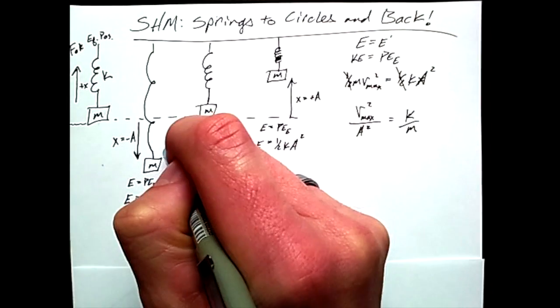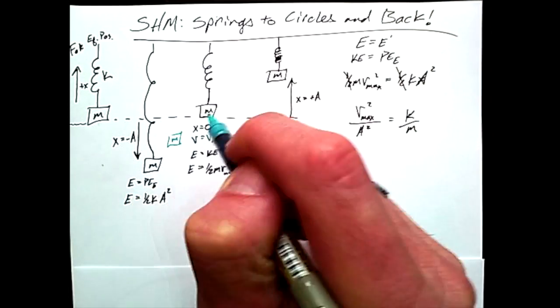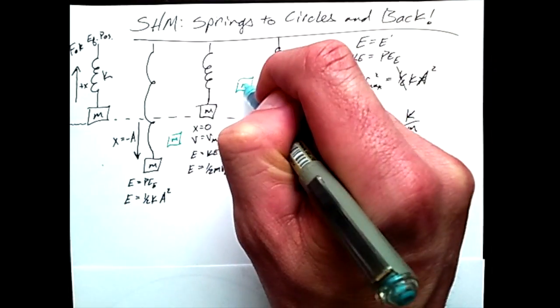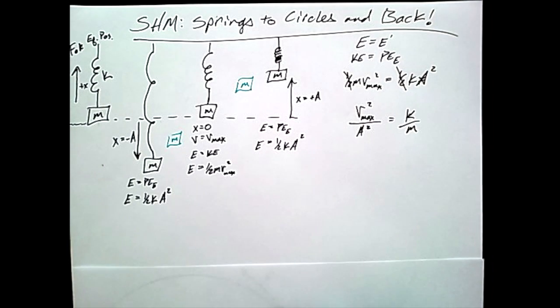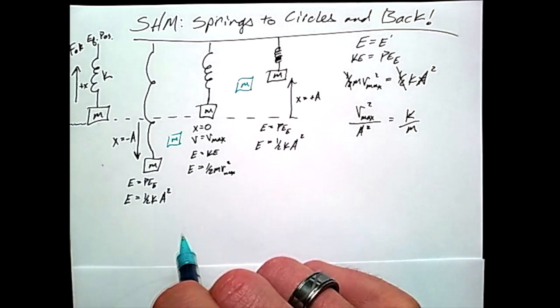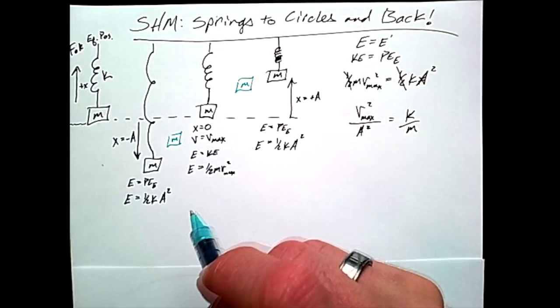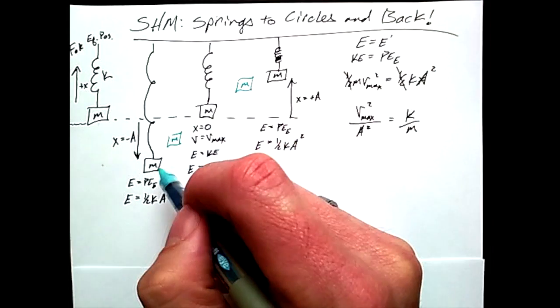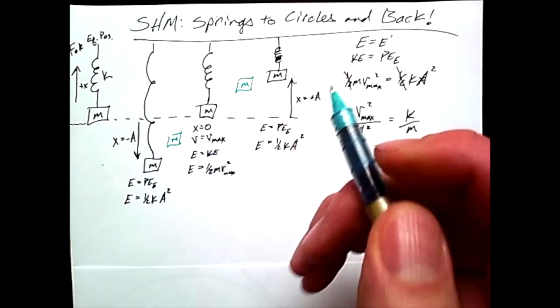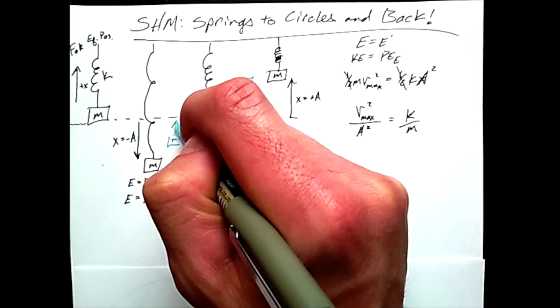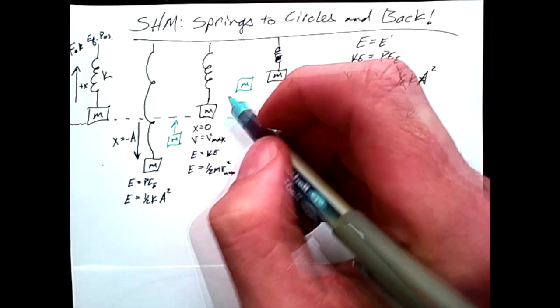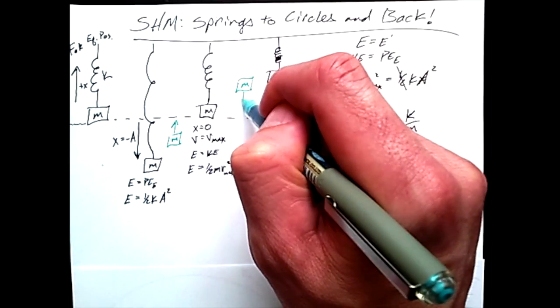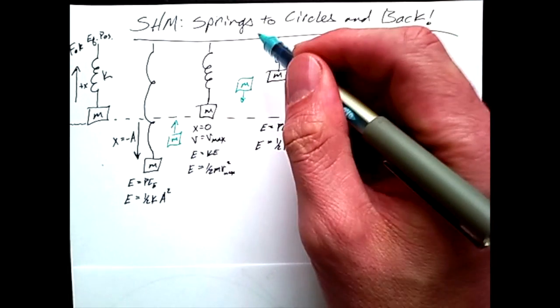However, there are other positions in which the mass could be moving, as well as the stretch or the compression of the spring also occurring. These would be halfway or midway or any position other than the extremes. In this case, the mass would be moving this way while the spring is still stretched out, and in this case, the mass would be moving this way while the spring is still compressed.